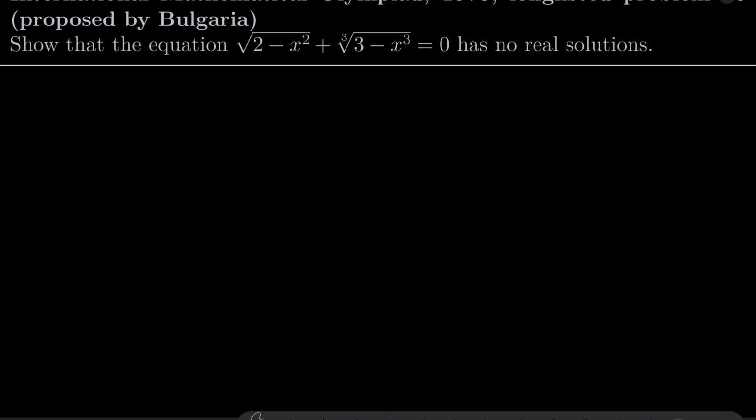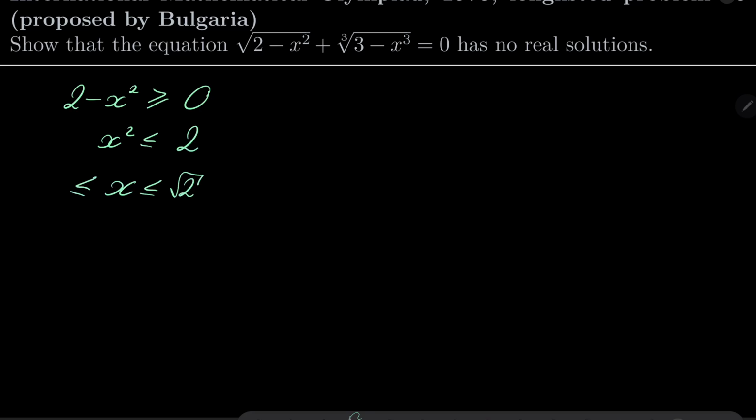Alright, so first, notice that we must assume, definitely, that 2 minus x squared is greater than or equal to 0, so x squared is less than or equal to 2, which happens when x is between square root of 2 and minus square root of 2.